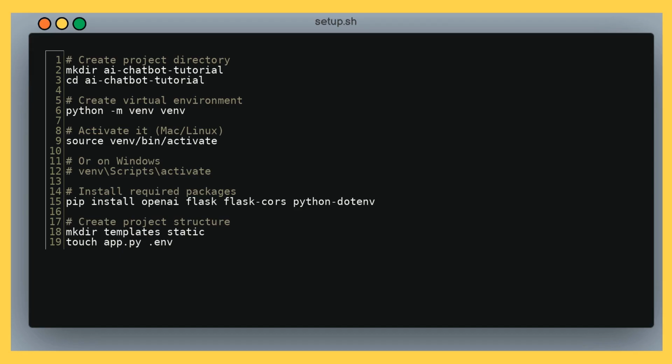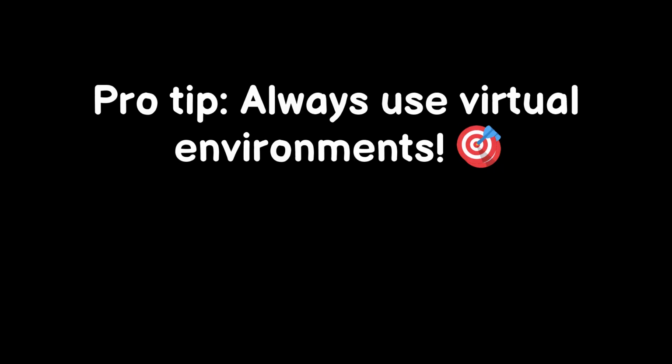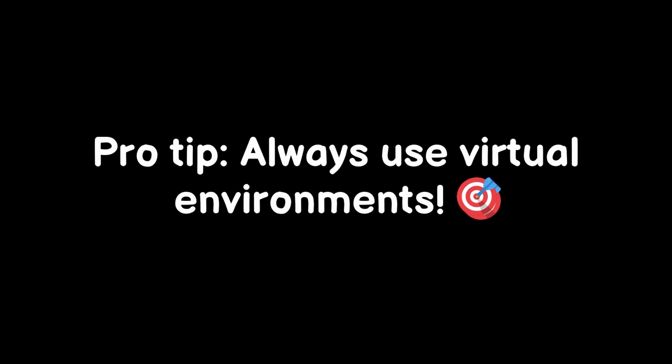Creates project directory AI chatbot tutorial, initializes Python virtual environment venv, activates it with platform-specific commands, installs dependencies, OpenAI for API, Flask for backend, Flask CORS for cross-origin requests, python-dotenv for environment variables, creates templates and static folders for web files, generates app.py main file, and .env for API keys. Full initial project scaffolding in one script. Pro tip: always use virtual environments.